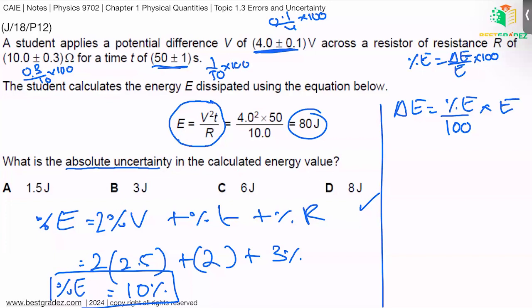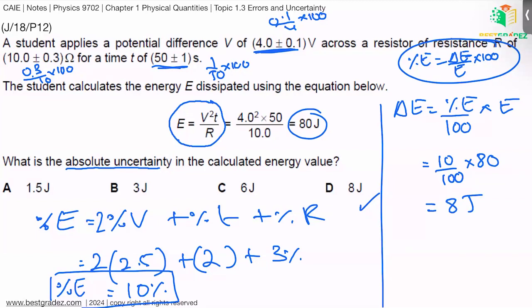Either you can memorize or you can just use concept. What is 10% of 80? So you can do that. Okay, I am changing percentage E into absolute, so just find 10% of 80. Yes, you're right, 8 joules. So we have got this answer. If this is a theory question, I would have written like this: 80 plus minus 8 would have been the answer.